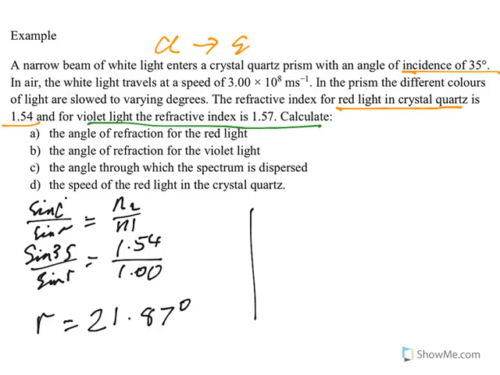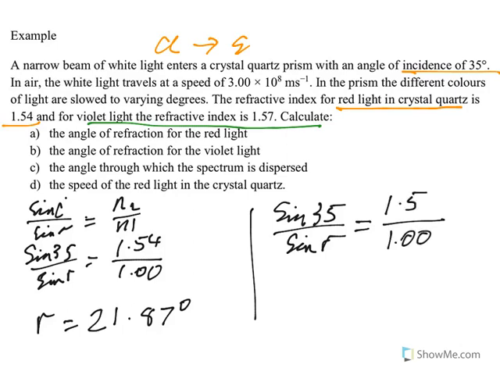Part B asks for the violet light. So it's basically the same calculation, but substituting the refractive index of the violet light, which is 1.57. When you rearrange that, you get 21.43 degrees.